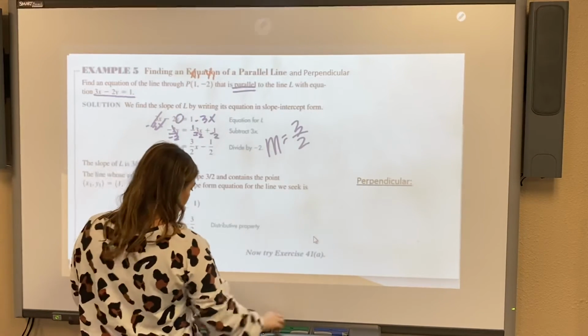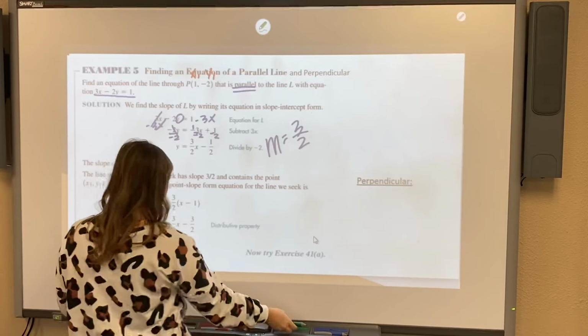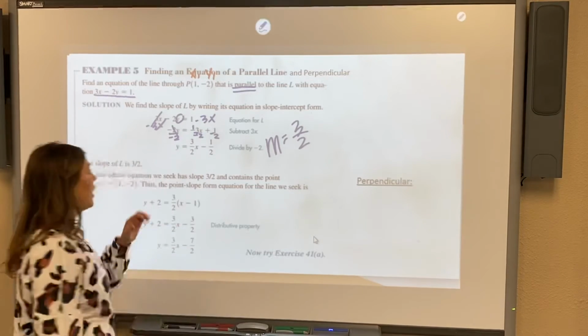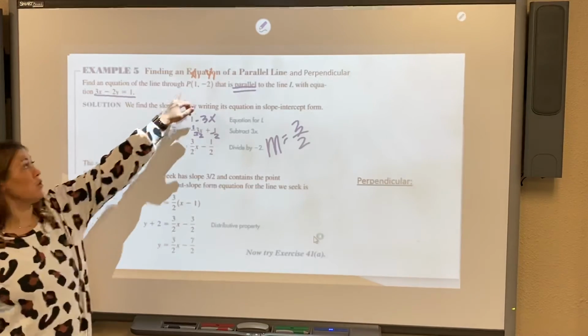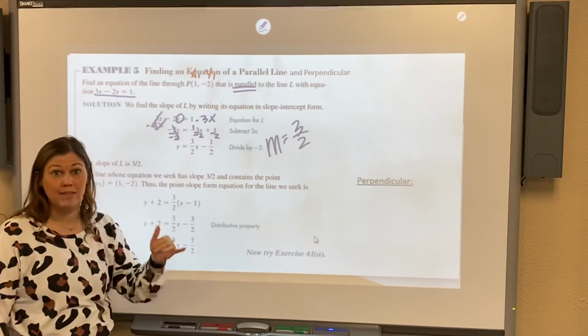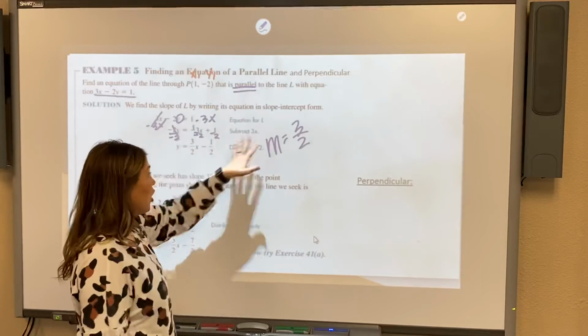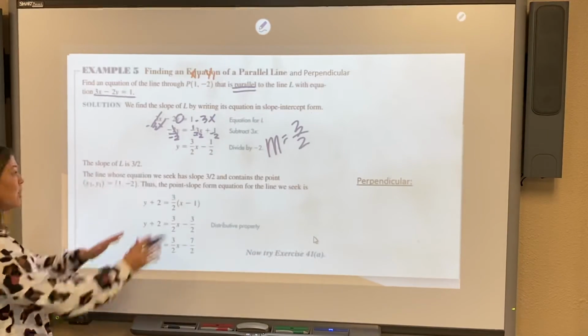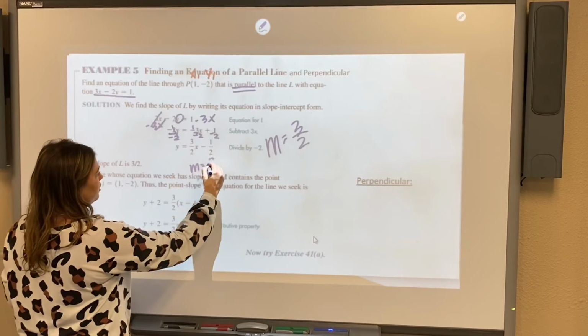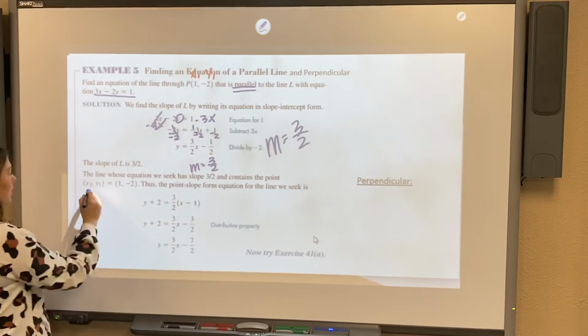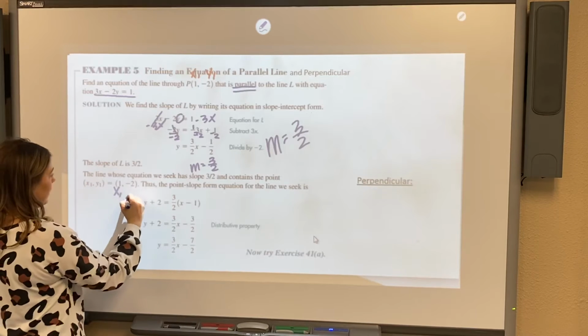So if our slope is 3/2 and it passes through this point, if it's parallel, they have the same slope. So if this slope is 3/2, parallel the slope is 3/2. Okay, so your m is 3/2, and then your point x1, y1 is 1 and -2.